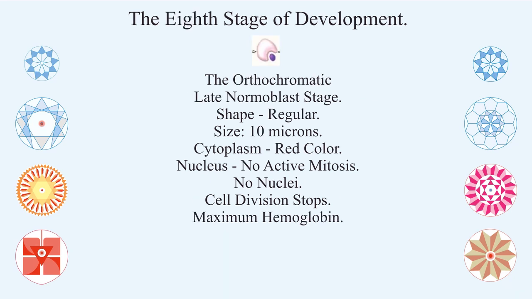The eighth stage of development is the orthochromatic late normoblast stage. It's the third stage of the normoblast stage. Shape is regular. Size is 10 microns. Cytoplasm is becoming red, not blue, not polychromatic, but red. Nucleus: no active mitosis is seen, no nucleus seen, cell division has stopped, and maximum hemoglobin is formed by the eighth stage itself.